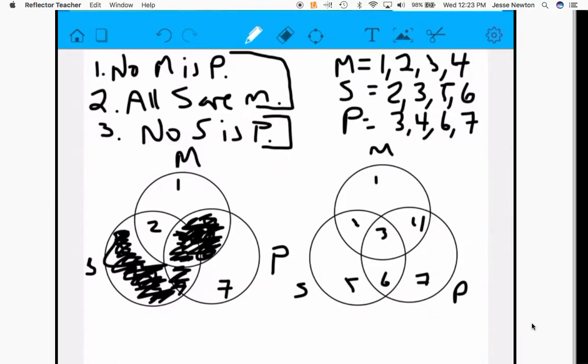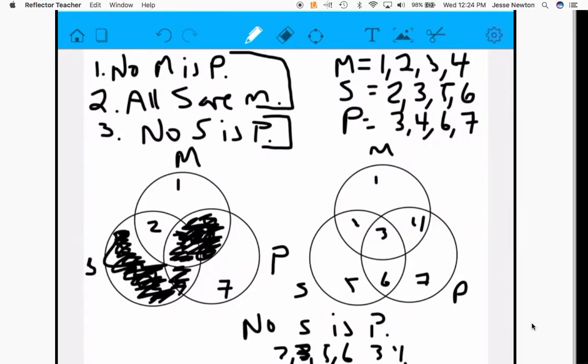Now, I think I have enough room to work with down here at the bottom, but we're going to be diagramming no S is P. No S is P. And S is equal to 2, 3, 5, and 6. And P is 3, 4, 6, and 7. And just as before, we circle the regions of overlap.